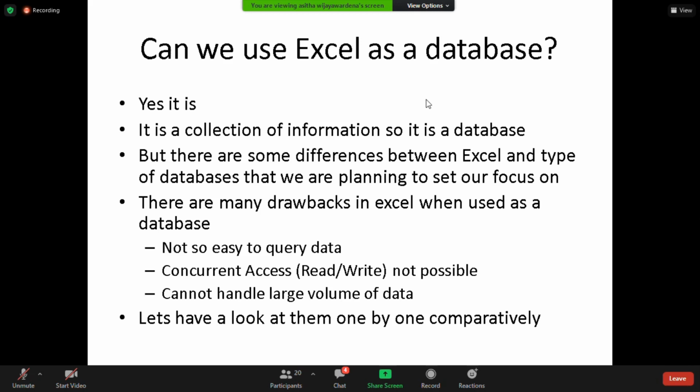You need a lot more time to search and find records in an Excel worksheet. If you look at a typical real-world scenario, assume you are inserting your ATM card into a teller machine.